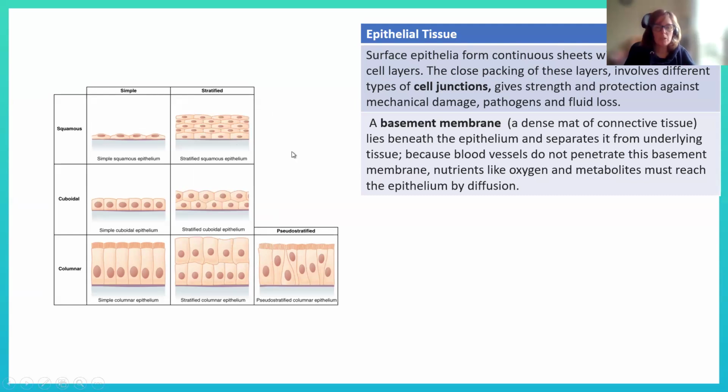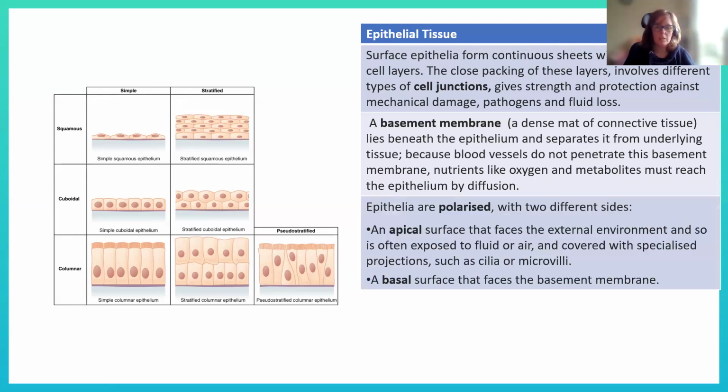You've got this dense network of cells, they're tightly packed together. This really, really important structure. So there's a basement membrane at the bottom, which forms a separation between the underlying connective tissue, which might be, I don't know, it could be anything, could be cartilage, could be fat, could be bone, whatever it's stuck to.